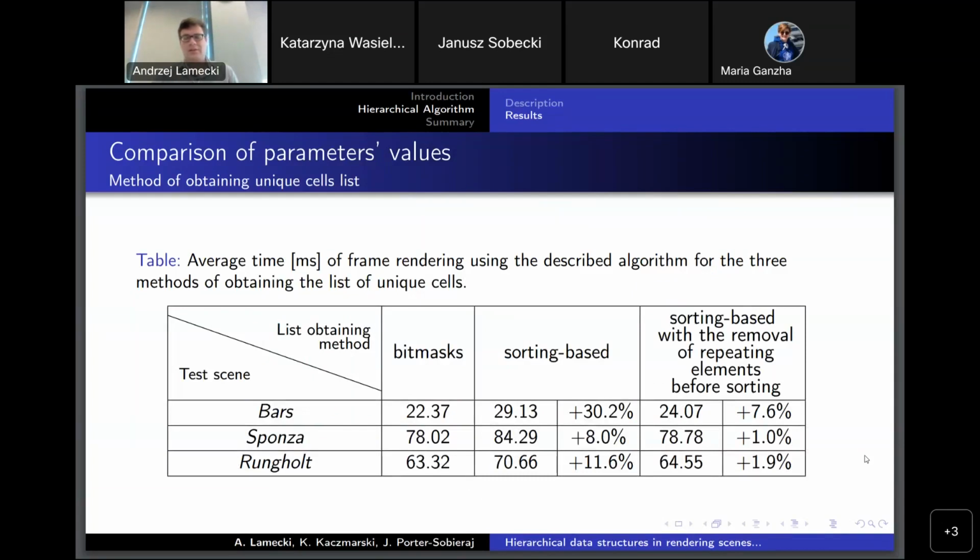We have also extended this method to remove elements before sorting, so we have to spend less time on sorting the keys. The lowest times were achieved for all our test scenes for the approach with bit masks, and with the sorting-based methods, removing repeating elements before sorting the lists also proved to be beneficial.